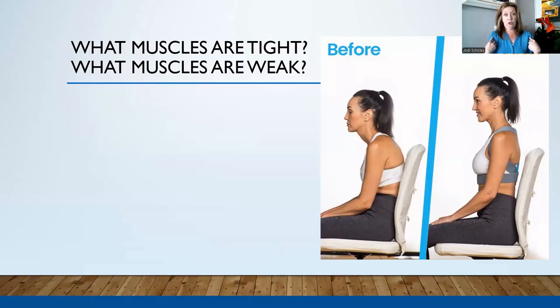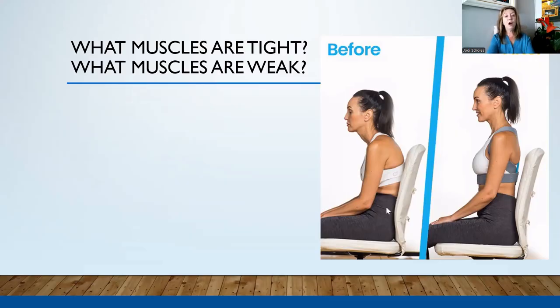So the shoulders are rolled forward, right? What attaches to the shoulders? The shoulders, classically the pec muscles. There's a second question there. This is client assessment, you guys. This is classic client assessment. I love it. So, what muscles are tight?